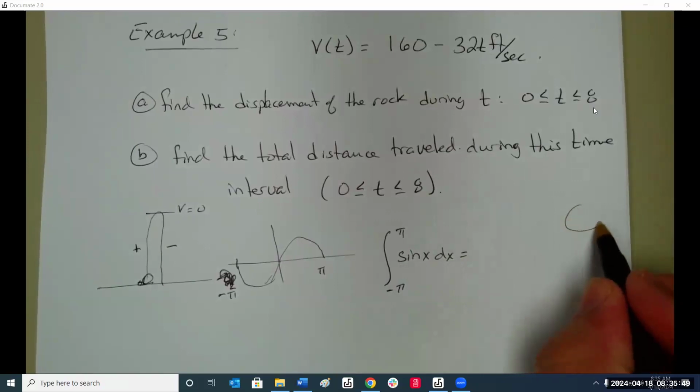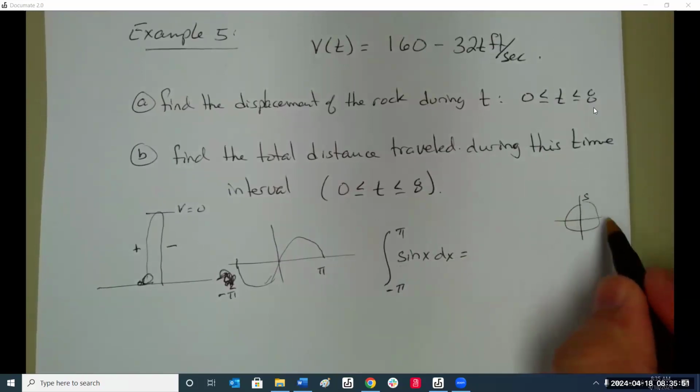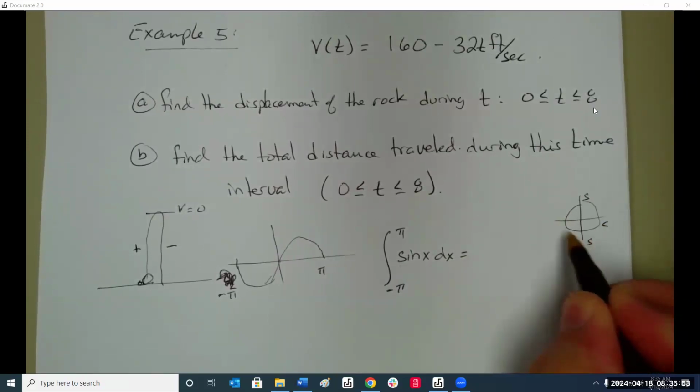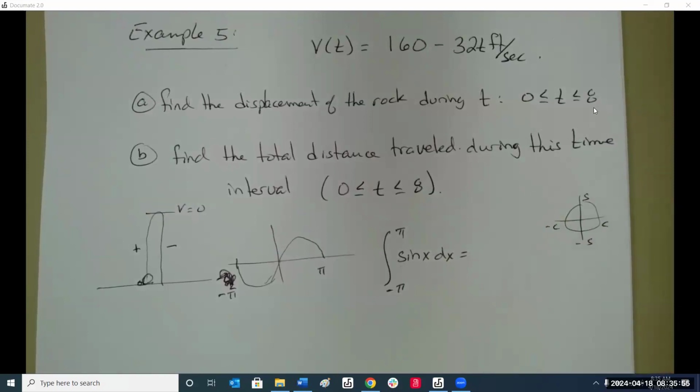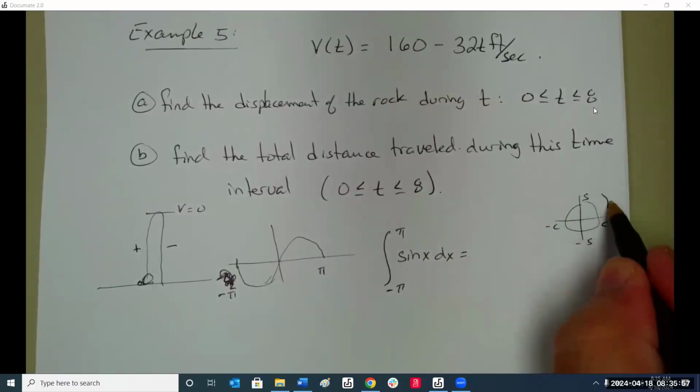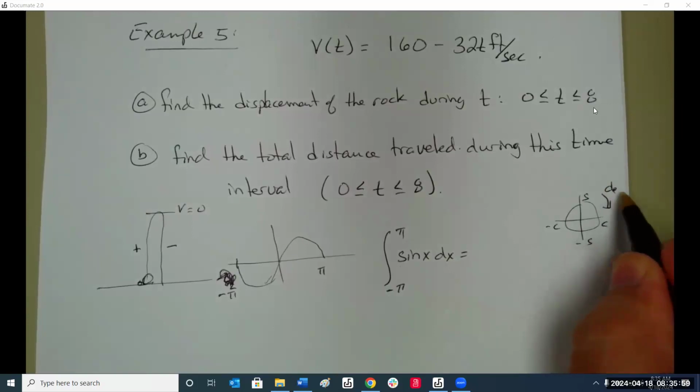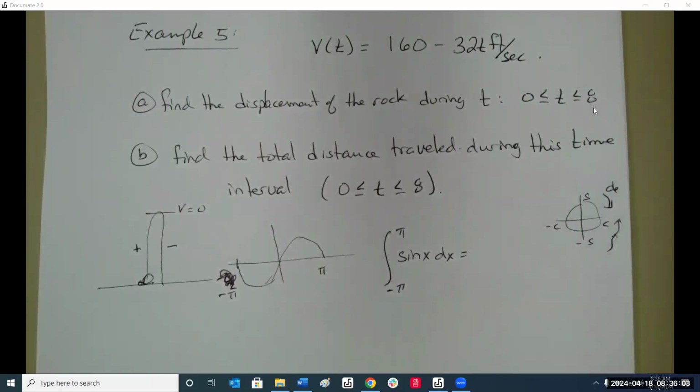Think of the unit circle. This is sine, cosine, negative sine, negative cosine. Going this way are derivatives, going this way, integrals.